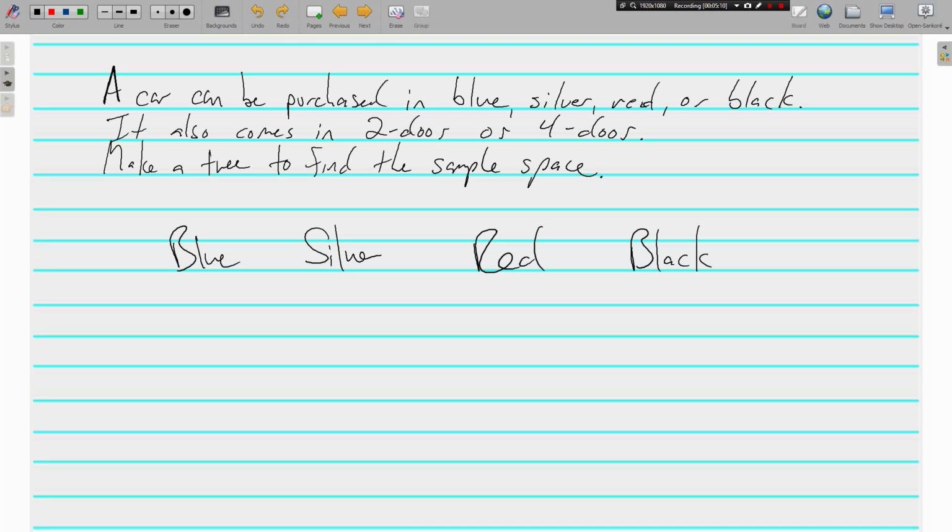Alright, so here are all 4 color options. The other option in this problem is whether I want a 2-door or a 4-door. Well, the part that makes it a tree is you can either call these roots or branches, whatever you want to call them. But basically, you can get a blue car in a 2-door or a 4-door. You can get a silver car in a 2-door or a 4-door. Same thing with red, same thing with black.